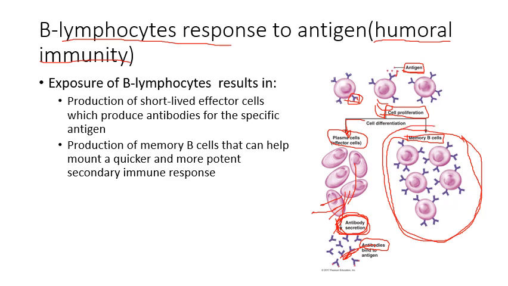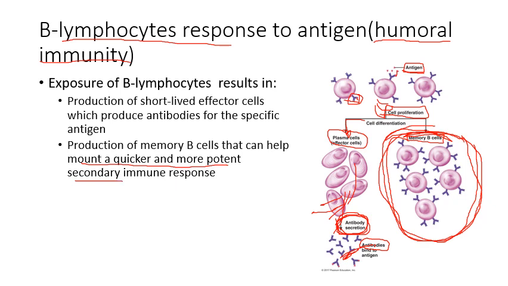If we have the antibodies, we know these B memory cells are here, and what these memory cells allow is for us to induce a much quicker and more potent response if we see a pathogen for a second time.